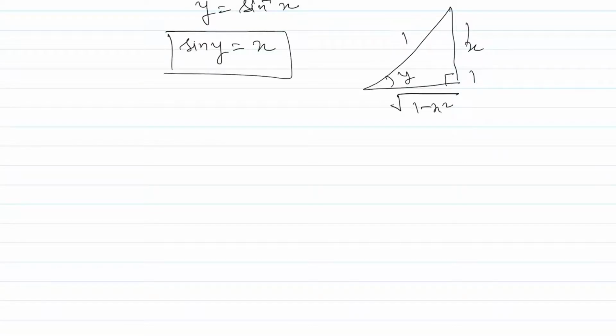Now this is an implicit function, so differentiating with respect to x, we'll get d over dx of sin y is equal to d over dx of x. D over dx of x will be 1.